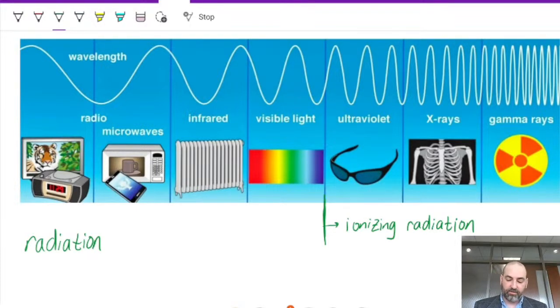That's why, for example, ultraviolet light from the sun can cause skin cancer, because that light has enough energy that it can damage the DNA of the cells in your skin, and that can ultimately lead to some pretty bad stuff. Same thing with X-rays.